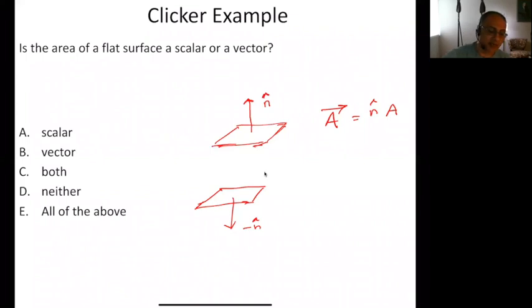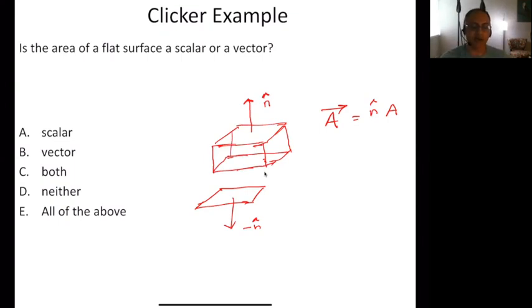But there is one time when it's not ambiguous. That is when the area is part of the boundary of a closed surface. Just imagine that instead of just being an area, this is a face of a rectangular shape. So now this area is part of the boundary of a closed volume, right?